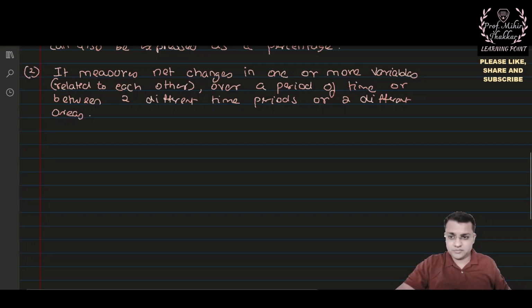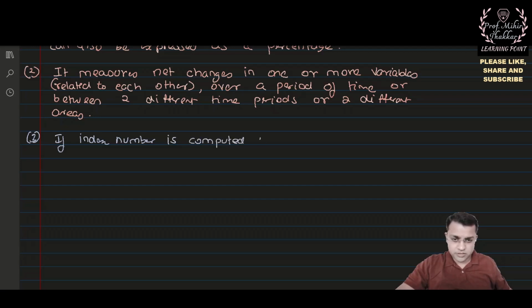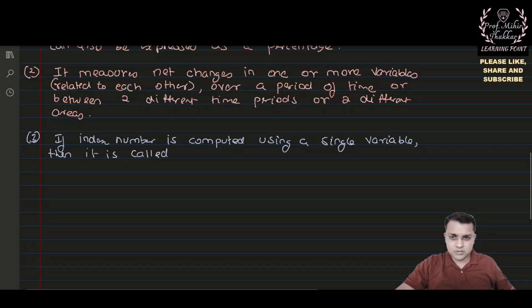Point number three, if index number is computed using a single variable, then it is called univariate index, because uni means one, variate means variable.